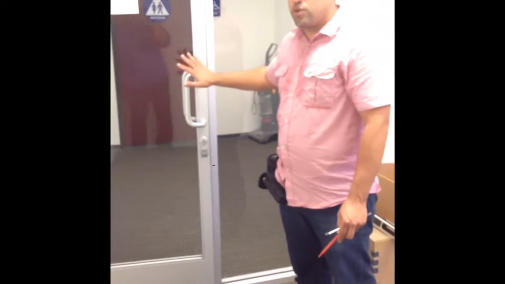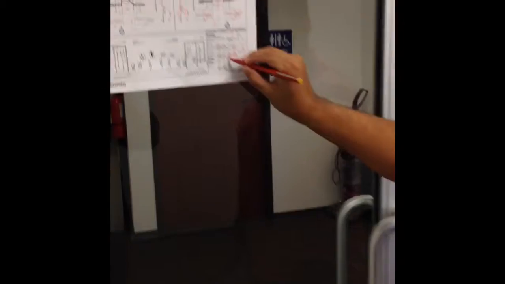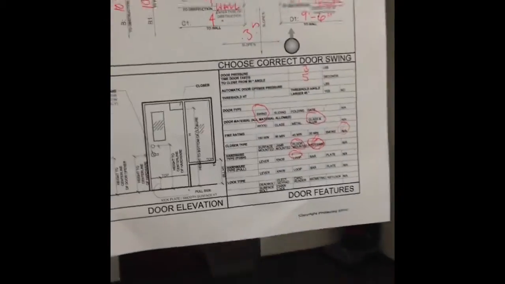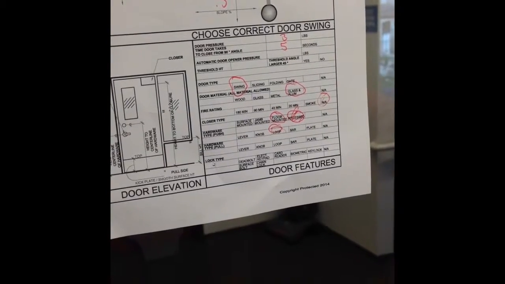But we're going to look at this door as a push door. So the hardware type on the push side is a loop. The hardware type on this door is also a loop, so I can check that off as well.